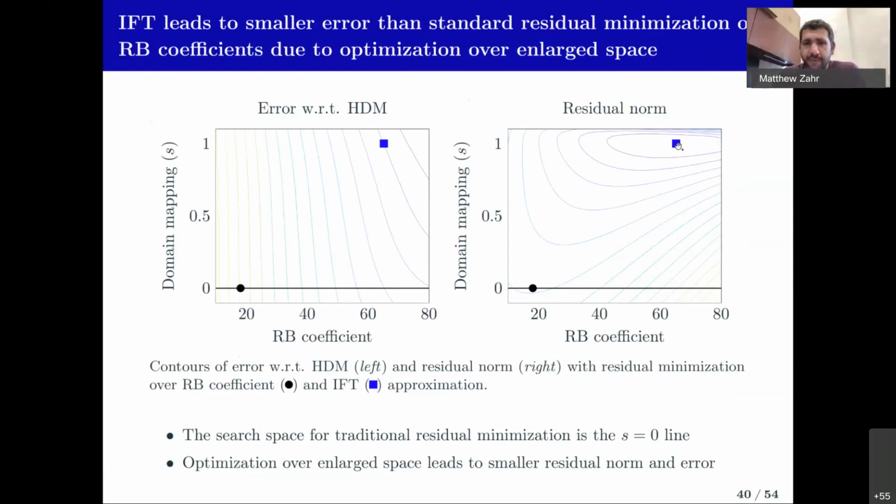Now if we see what this looks like on the error plot, by restricting to this s equals 0 line, you're stuck in a pretty high error region. Now, residuals and errors are not the same thing, obviously. So we're not getting to a minimum of the error, but it's falling in the low error region of this diagram, which is really the point of expanding the space and optimizing over both.